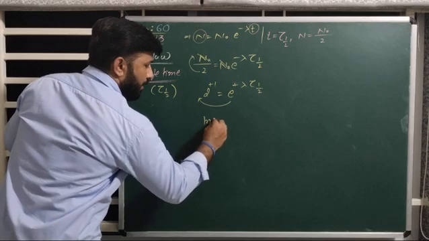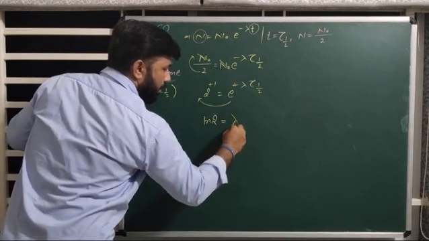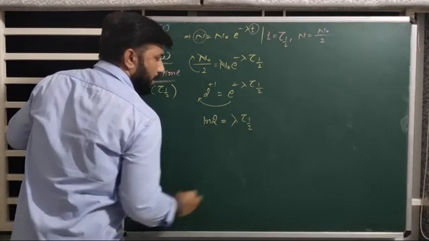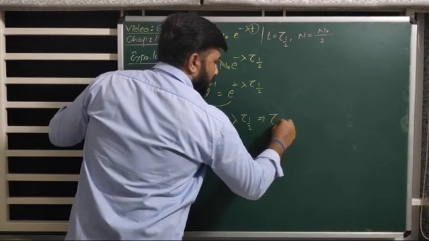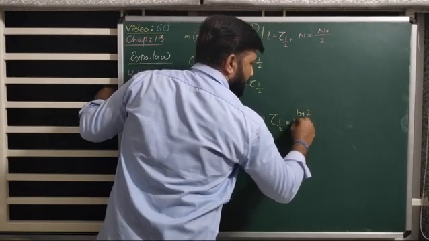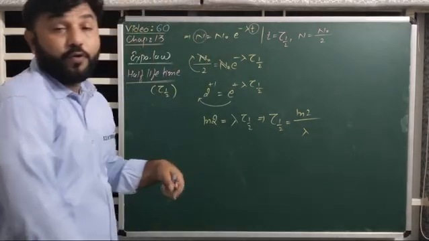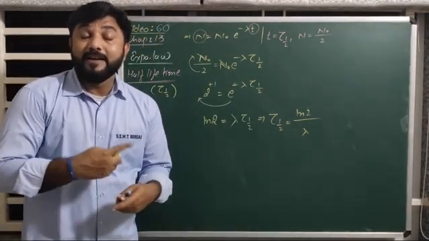So, it will be ln 2 is equal to λ τ half, and from that τ half is equal to ln 2 upon λ, and you know very well ln means natural log.